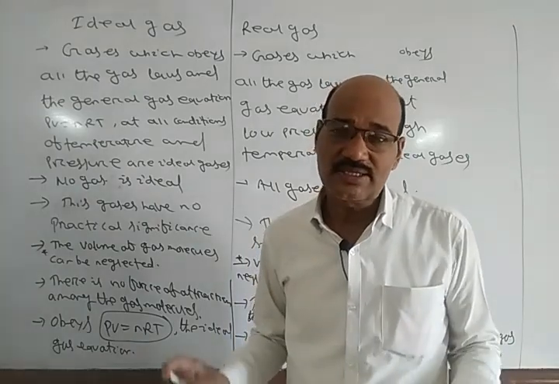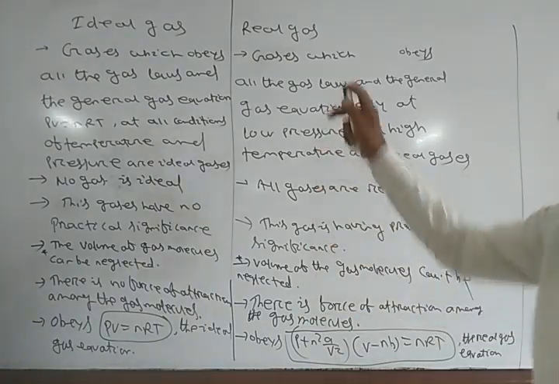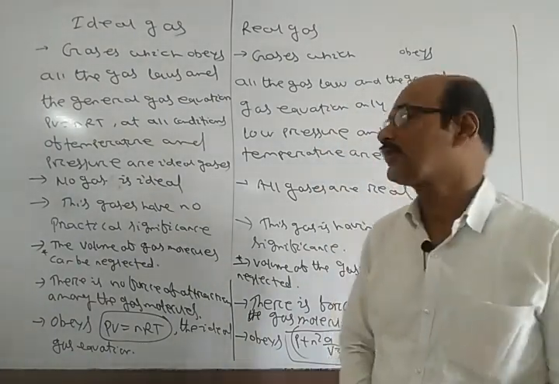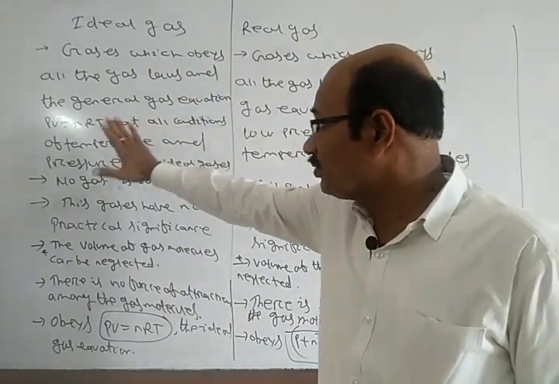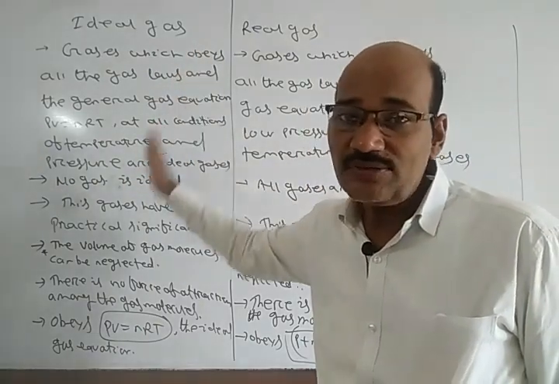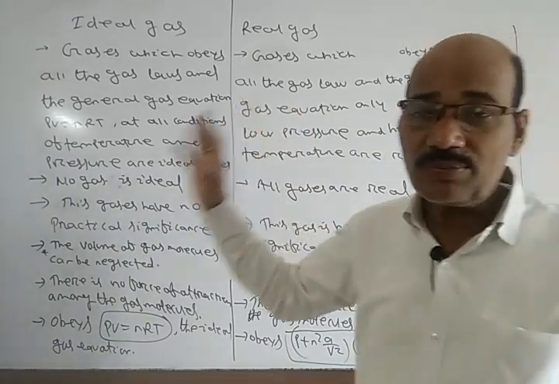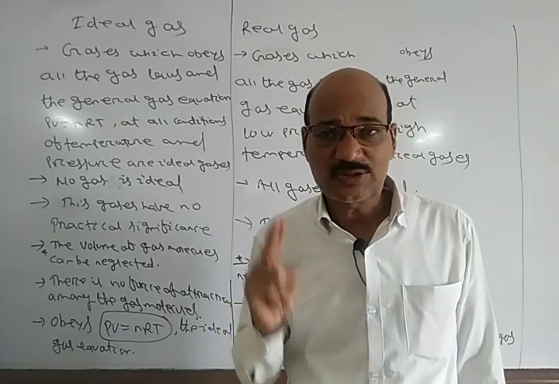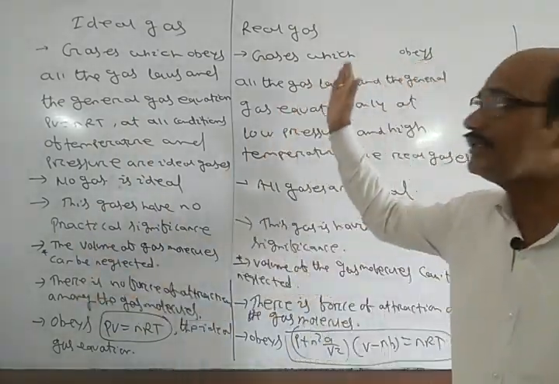And this concept of ideality, PV equal to nRT, is based on the postulates of the kinetic theory of gases. Because we have two wrong things in the kinetic theory of gases, we correct them to convert it into the real gas.